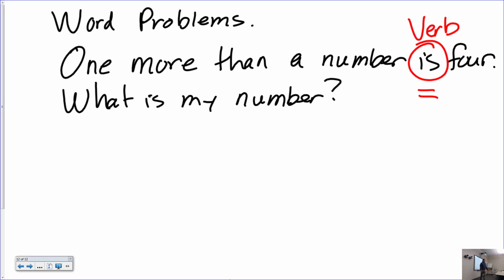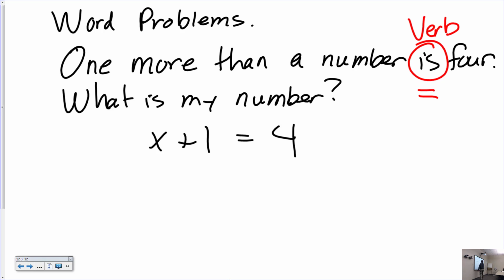That is almost always how the math works. So when reading word problems, write straightforward, simple equations that represent each sentence. In this case, 1 more than a number, so x plus 1 is 4, and so then what do we do to get x by itself?